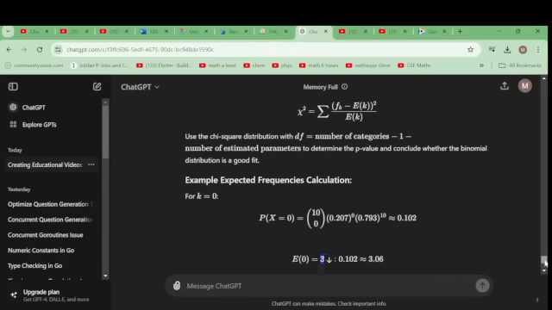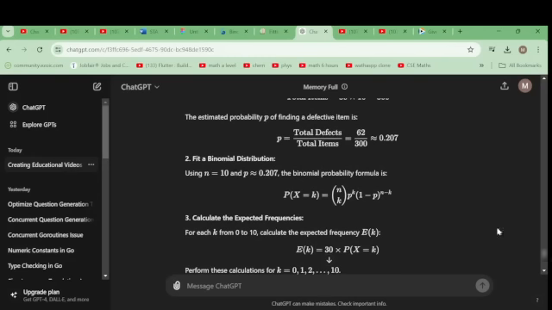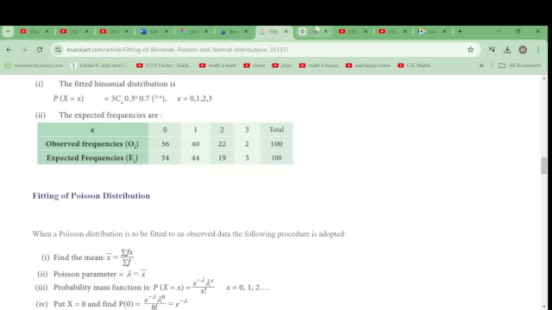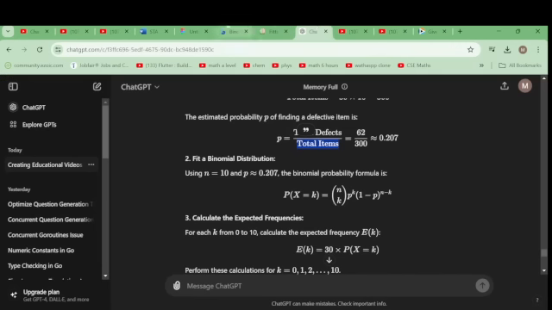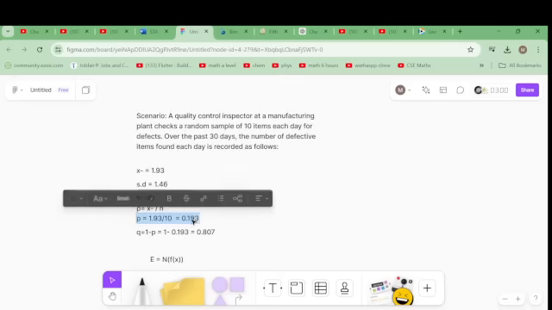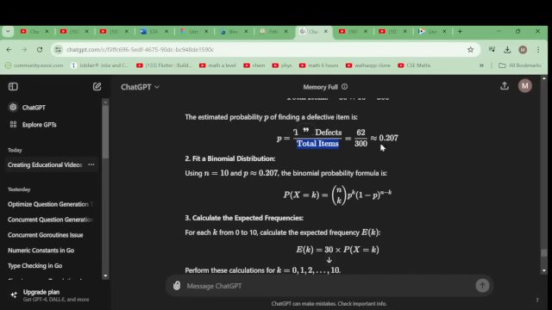Even the way ChatGPT calculated the P, they used another option, total defects over total items, and they got 0.27. And we used another formula and got 0.193, and at the end of the day we approximated it to 0.2. And the one ChatGPT did was also approximated to 0.2. And we are using the table.